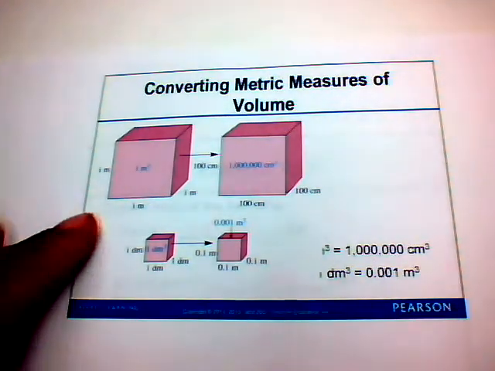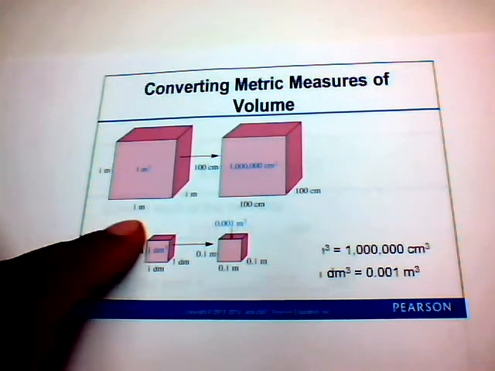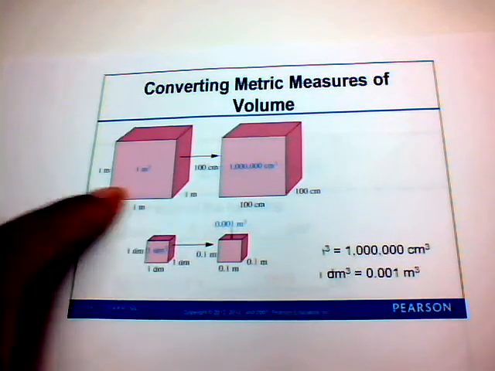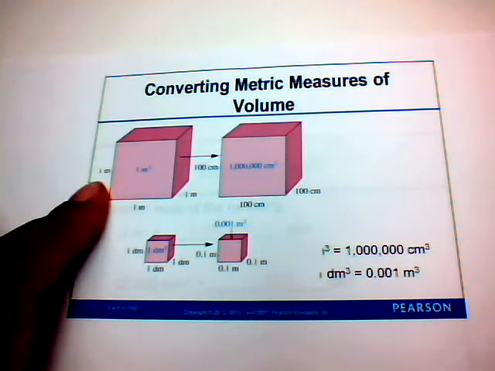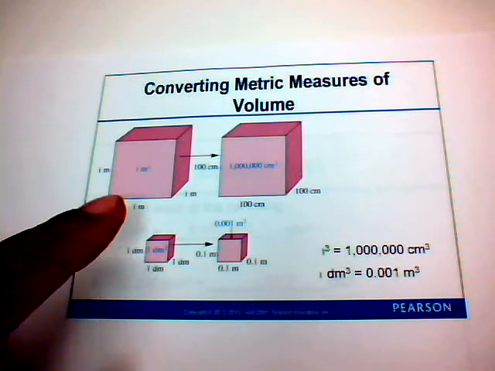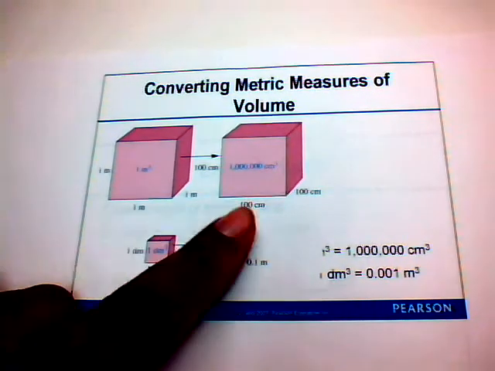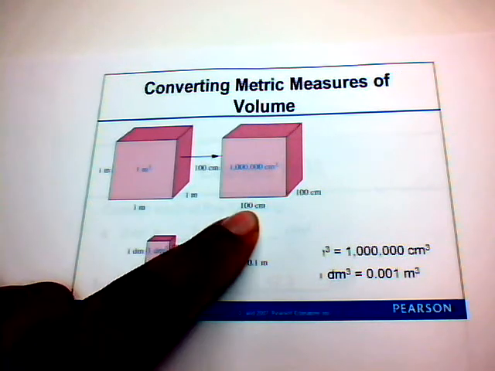Okay, and here's more with the metric units of volume. Let's see, we have a cube with a length of 1 meter for the length, width, and the height. So the volume of this cube will be 1 cubic meter. We know 1 meter is 100 centimeters. So let's say we converted 1 meter to centimeters, and that's 100 centimeters.